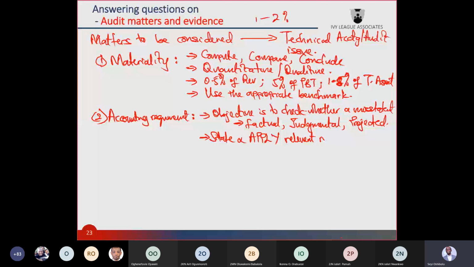Okay, you state and you apply relevant requirements of IFRS. Now, your conclusion may be that the company has done the right thing. So don't be shy of confirming that, okay? Or your conclusion could be, okay, they should have assessed this thing for impairment, but they have not.